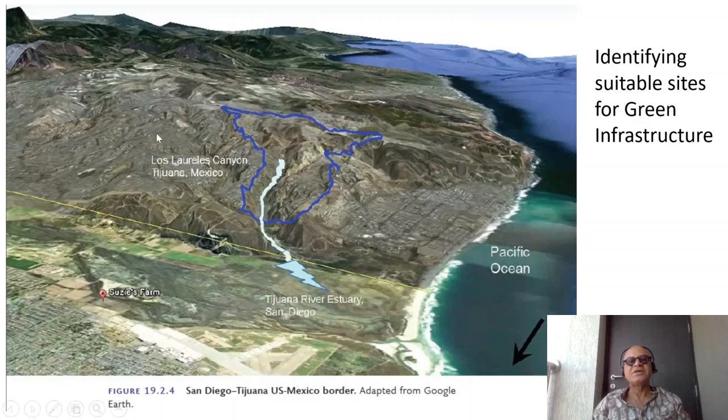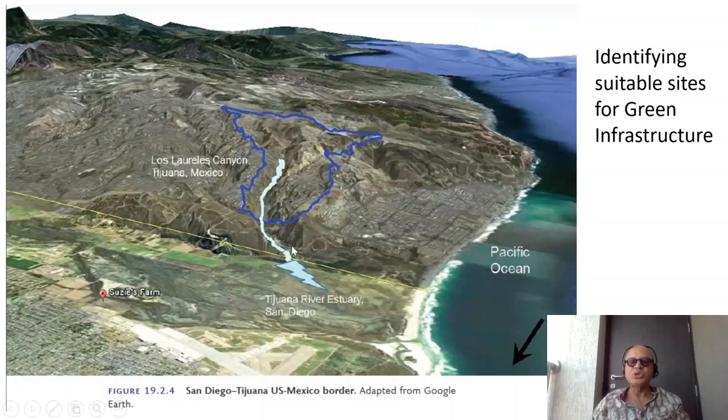So this site here is using GIS and so on to identify suitable sites for green infrastructure. You can see that it's got the Pacific coast sitting right there. I think La Jolla is probably somewhere there, but I don't want to go into that too much.